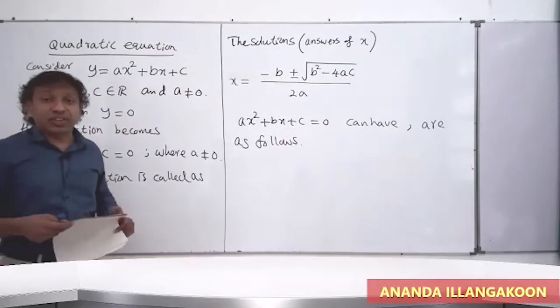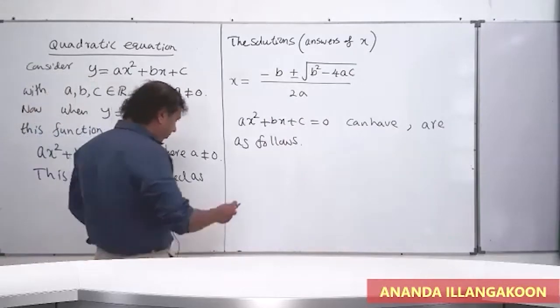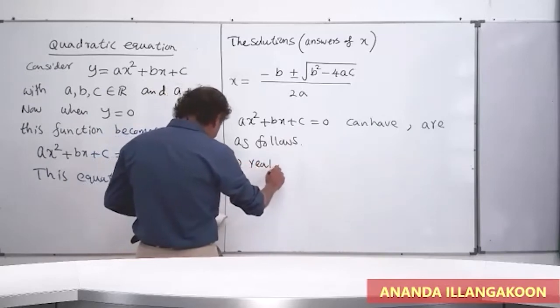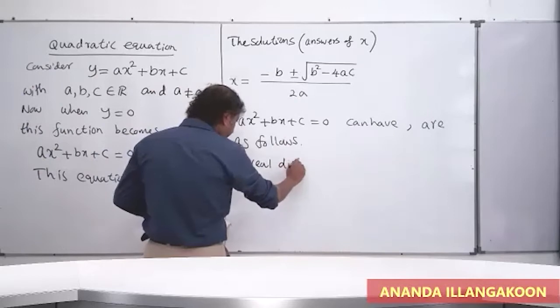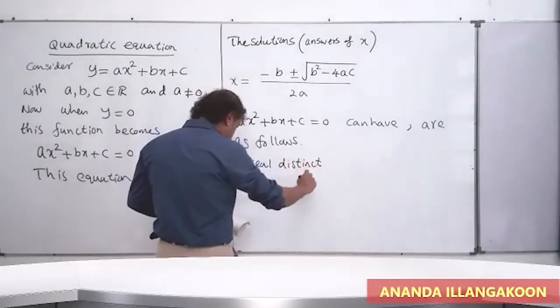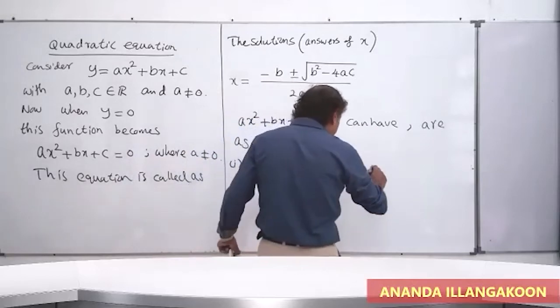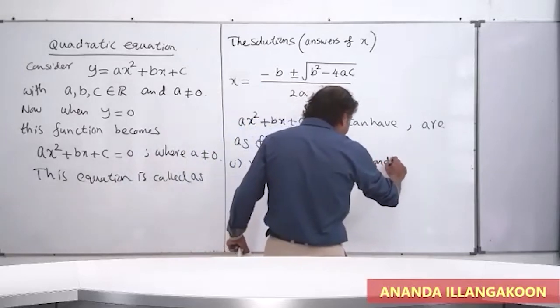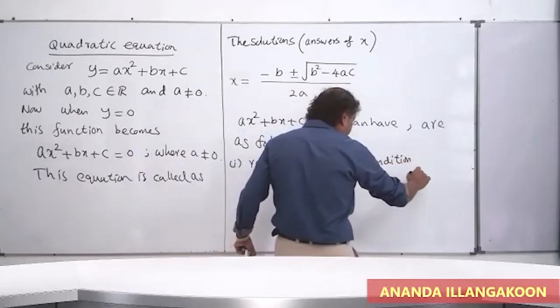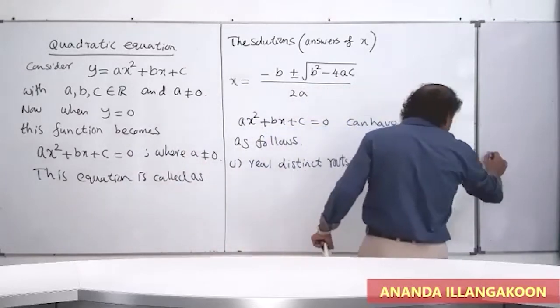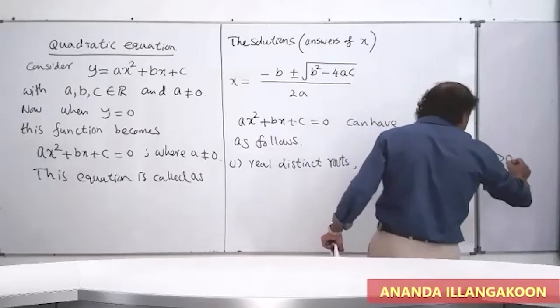Write down, people. Number one: real distinct roots. What is the condition required? Delta greater than 0, discriminant positive.